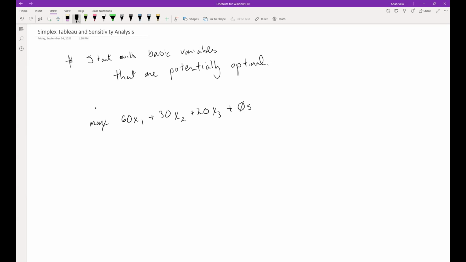So here I have 0 times S1 plus 0 times S2 plus 0 times S3. I think it's the same problem that we use in a lot of the example problems. I'll try to make it look like it's in matrix form almost, so I'll align all the decision variables.